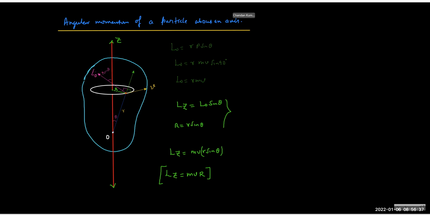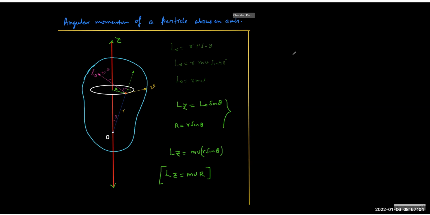And Lz was mvR, and you can see that what matters is the line of motion and its perpendicular separation from the axis. Earlier, the line of force and the axis were skew lines.